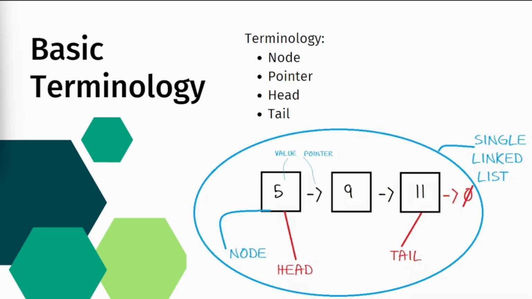With the head pointer, we can easily access the first node and start traversing the list by following the next pointers from one node to another. Similarly, the tail pointer allows us to quickly access the last node, making operations like appending new nodes more efficient. In our linked list class, we will maintain both head and tail pointers to ensure efficient access and manipulation of our linked list.